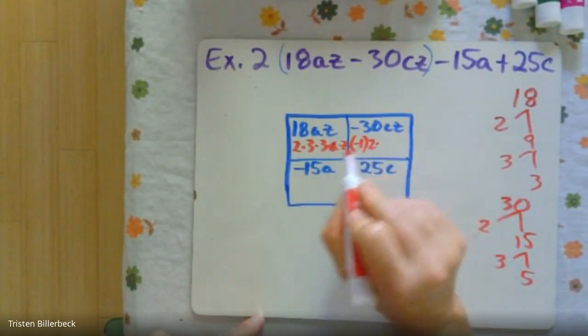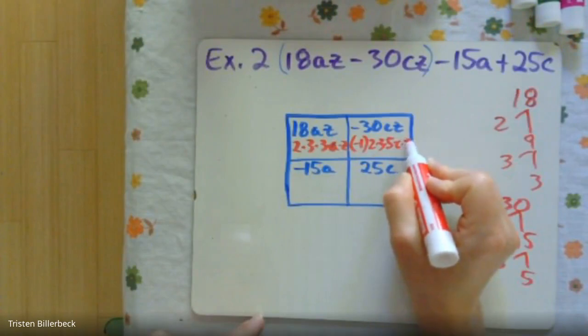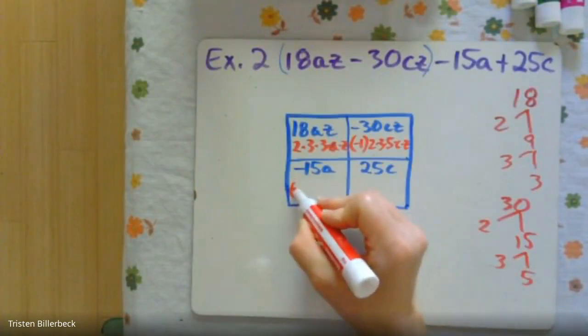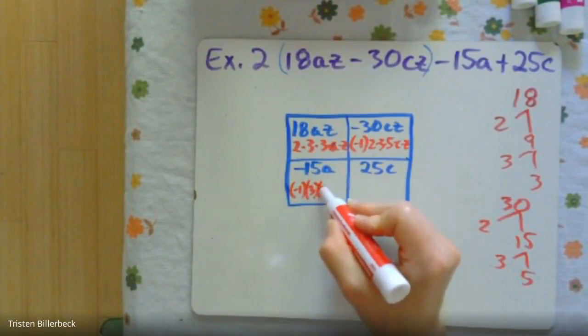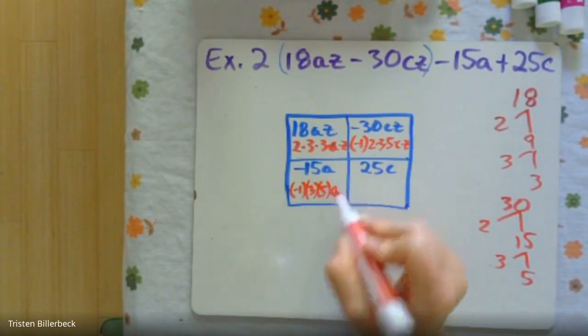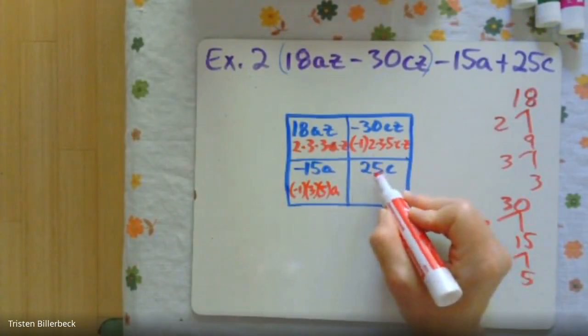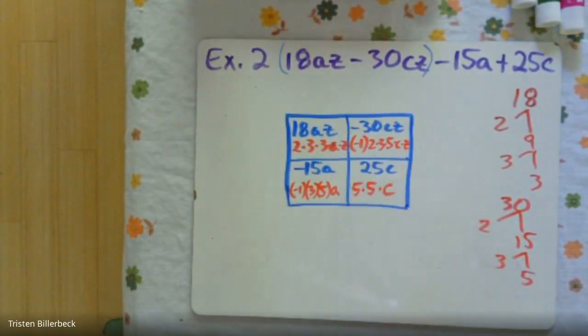So 2 times 3 times 5 times C times C. Okay, so 15, well, we know that's 3 times 5, so let's take the negative 1, and we have 3 times 5 times A. And this one we have 25 is 5 times 5 times C. Okay, let's start taking out things that are alike.